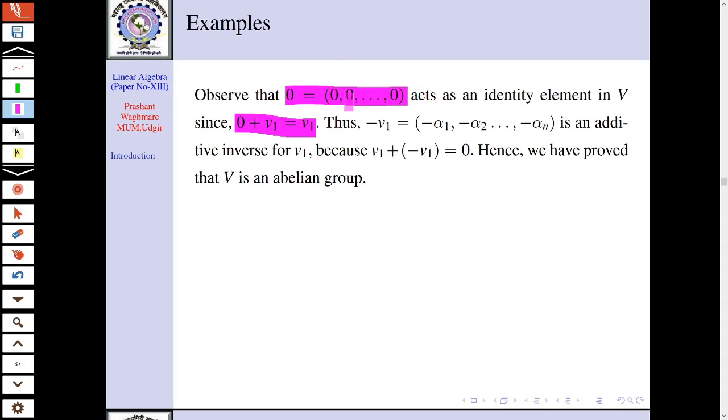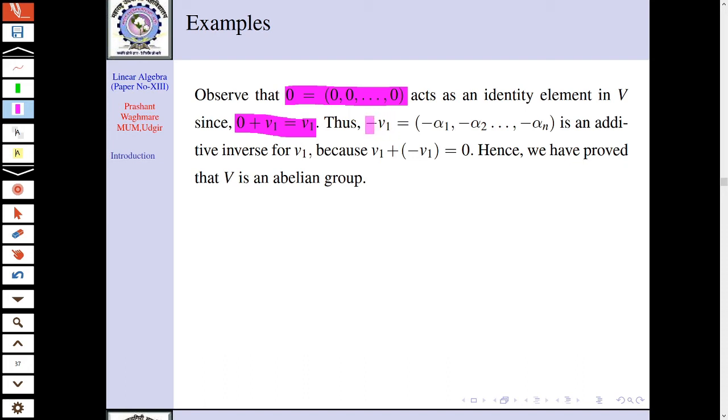That's why with respect to addition, (0, 0, ..., 0) n times becomes an identity element in V. Once we have an identity element, one can find an inverse for non-zero vectors.